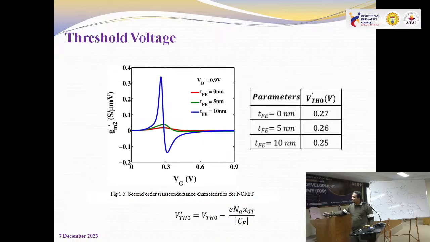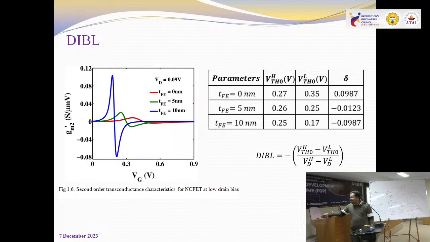Now here we have already extracted the threshold at 0.9. 0.9 means high value of VD. Now the same thing we are doing at VD equals 0.09 volt. Using the second order transconductance method again, we have calculated the value of threshold.